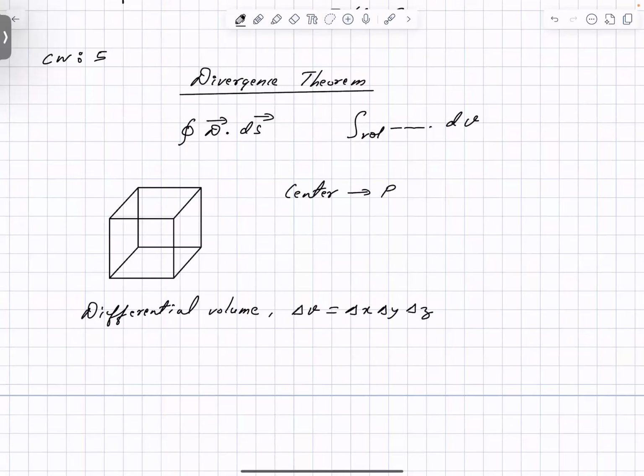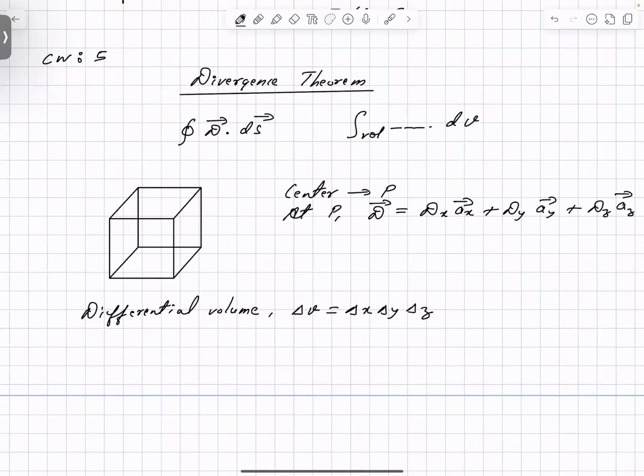And let's say the center of the box is the point P. At P, the electric flux density is known to be D equals Dx ax plus Dy ay plus Dz az.